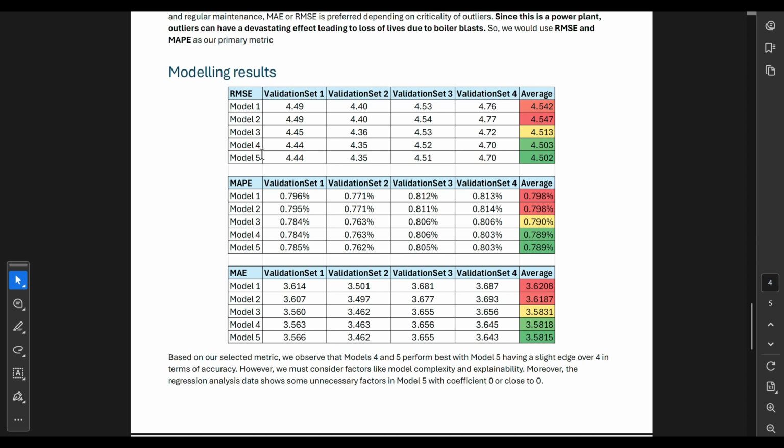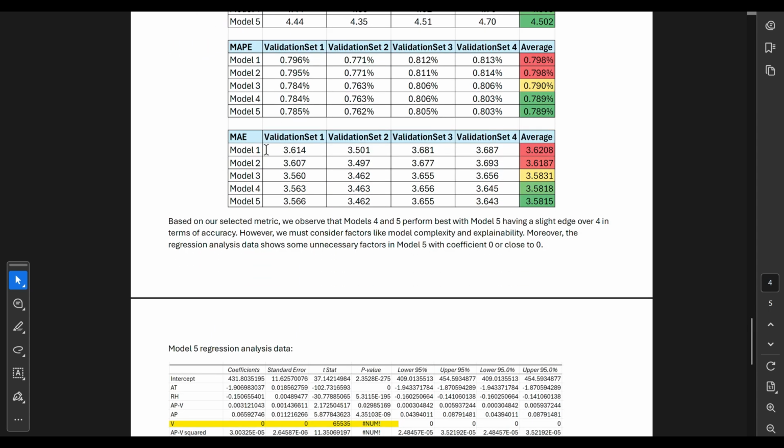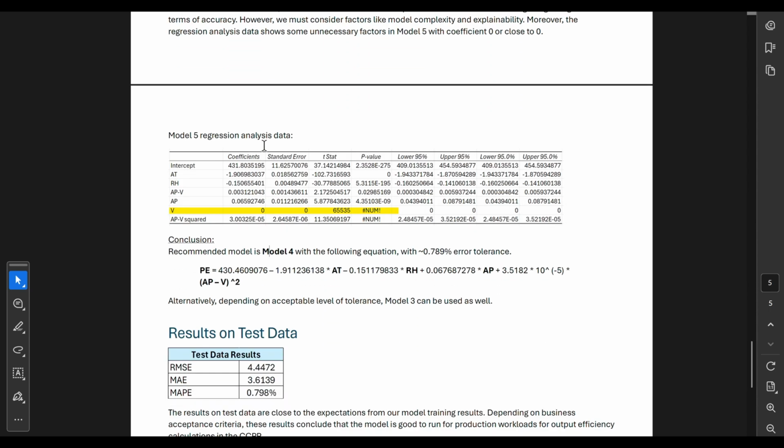For this particular case, I feel that for model 5, the gains we were getting were not justified versus the complexity we were introducing in model 5, which is why I've gone for model 4. But between model 3 and model 4, it will be more of a business decision on what we can live with in terms of the tolerance. So yeah, there we go. That's our formula for model 4, and this is the MAPE number.